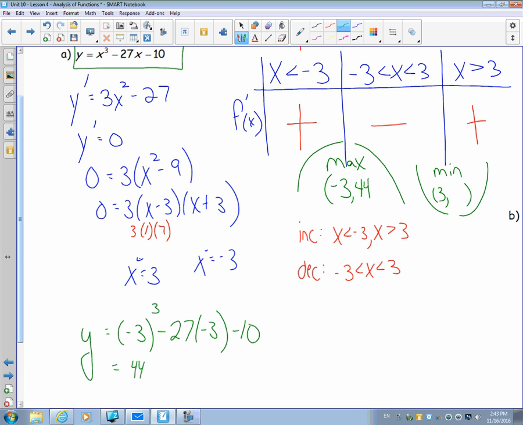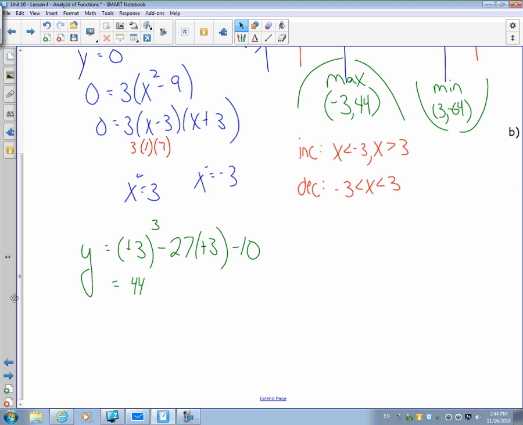If I do the same thing, but I use the +3 version, and the same procedure, I will get -64. And there's our stationary or turning points and their types. Okay, and we did that all with calculus. No picture necessary, no graphing technology necessary, just using the idea of rates of change.